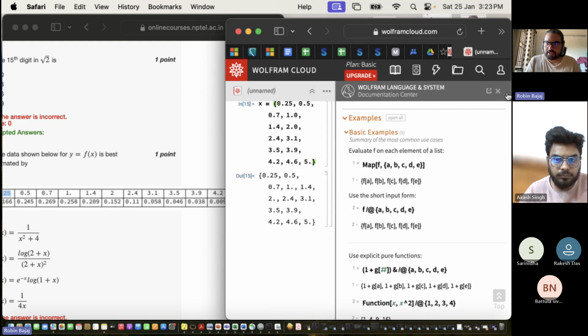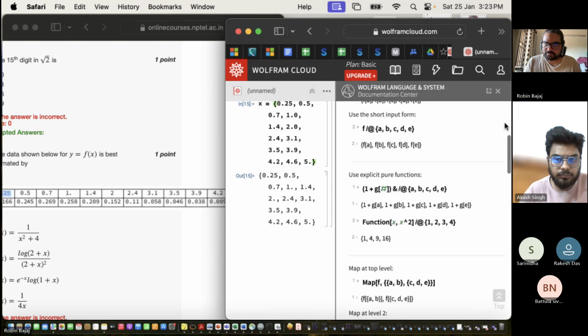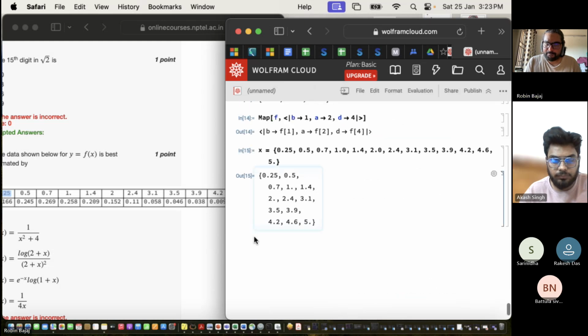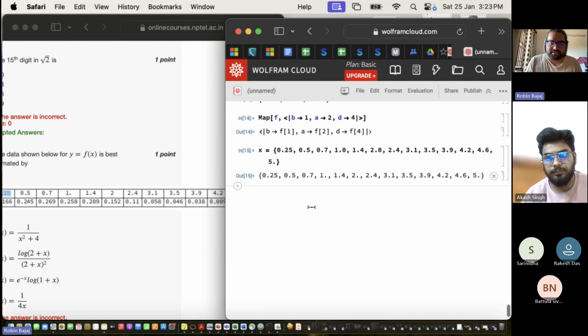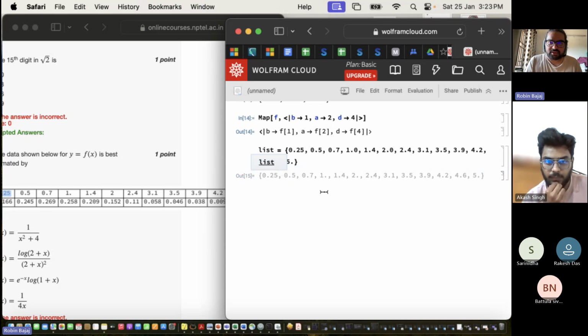Let me hide this. So there are many ways in which you can operate a function on this. Let me change this to some other thing, because x I would be using for the function.